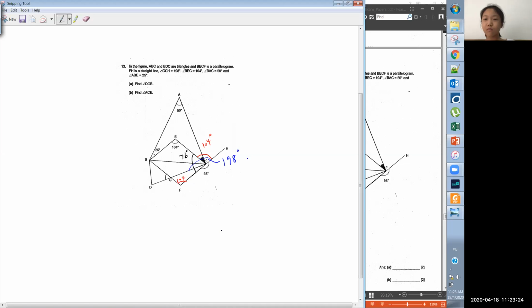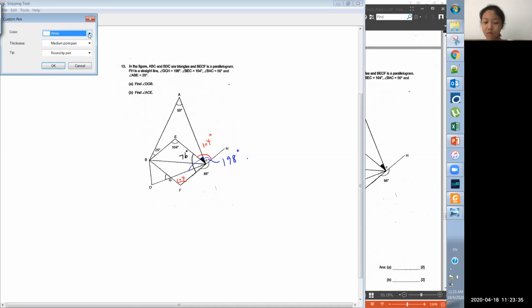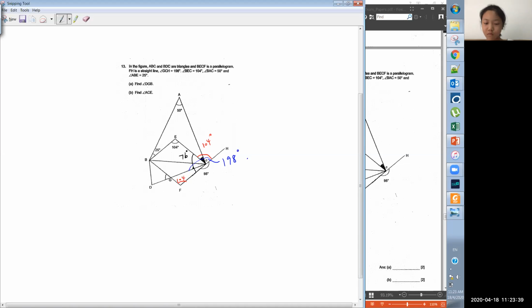Okay. Therefore, let me use a different color. Let me use a green one. Okay, green one. So 198 minus the 104. 198 minus 104, you get 84, right? Hey, no, 94.